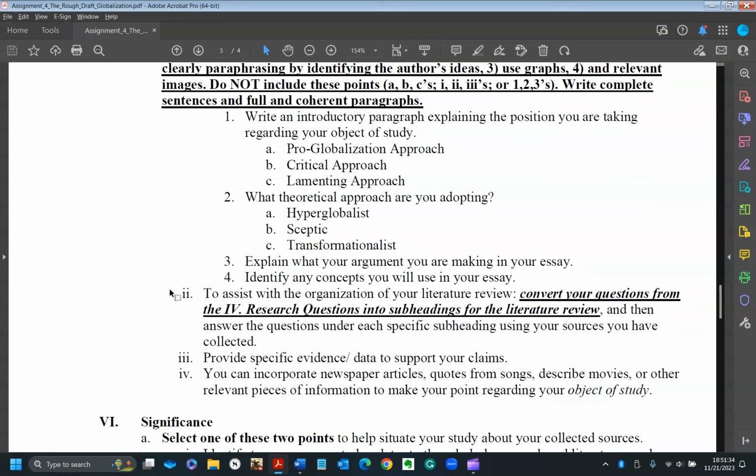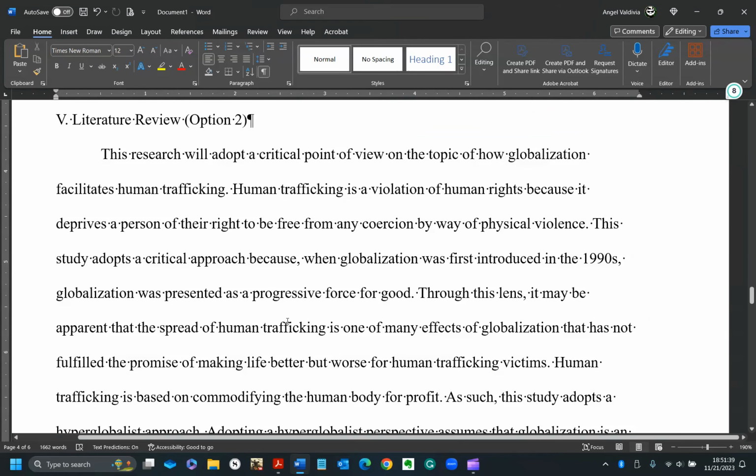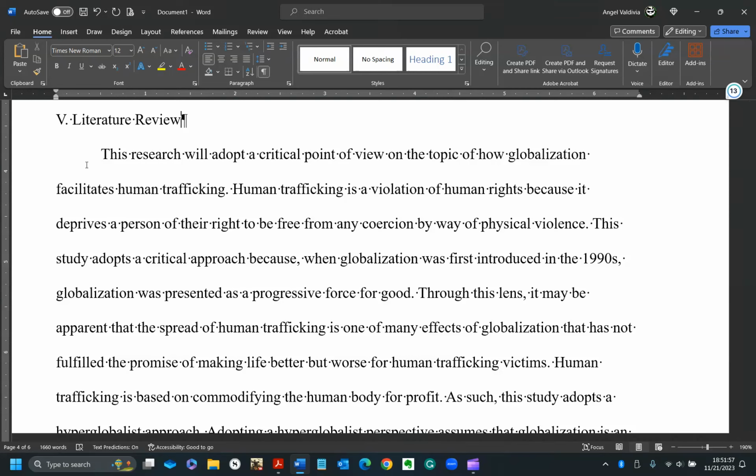Okay, so let me go to my example so you can see how I constructed the section. Okay, so this is what I wrote. So this research will adopt a critical point of view on the topic of how globalization facilitates human trafficking. Human trafficking is a violation of human rights because it deprives a person of the right to be free from any coercion by way of physical violence.